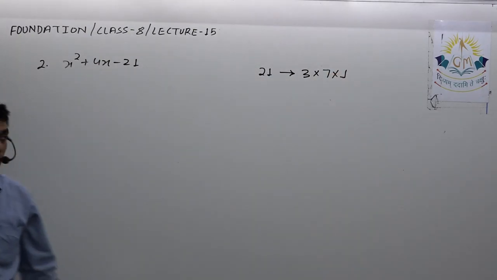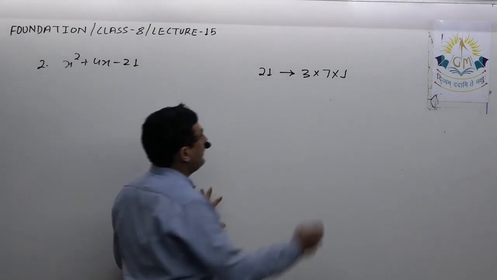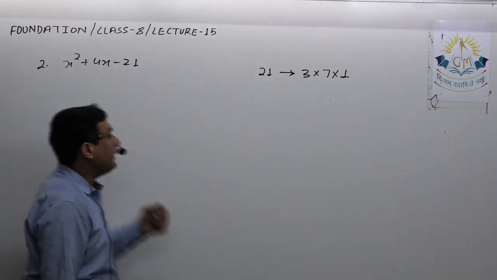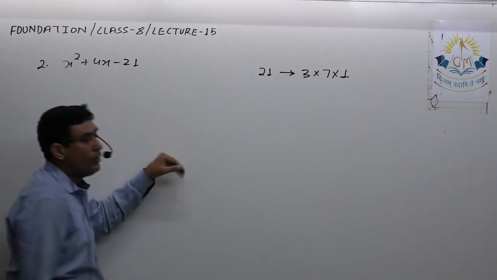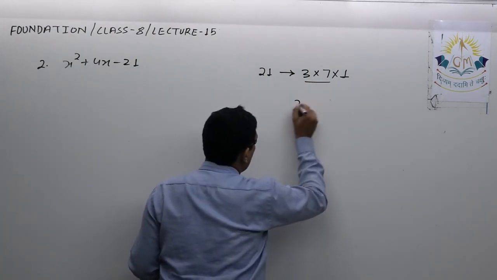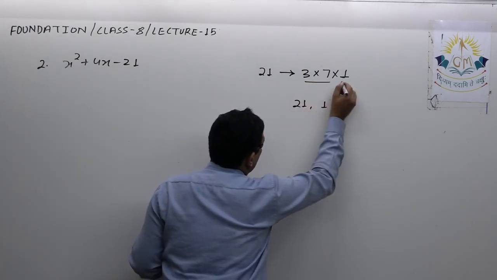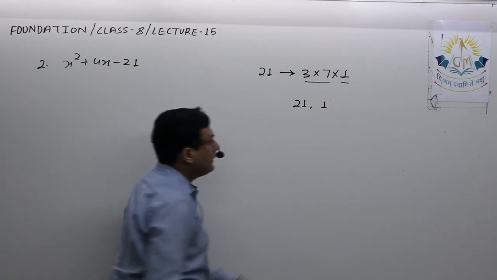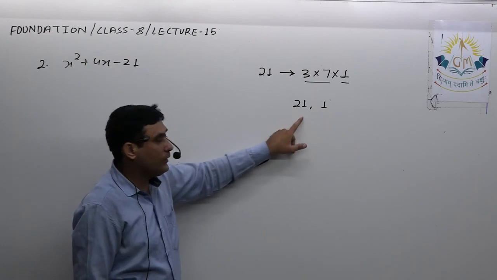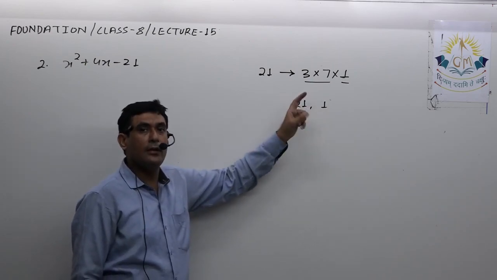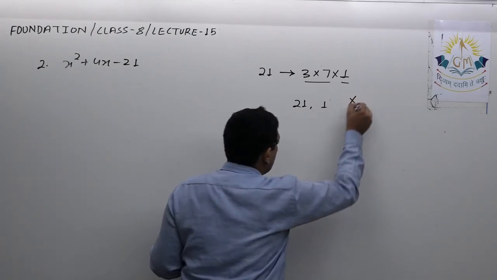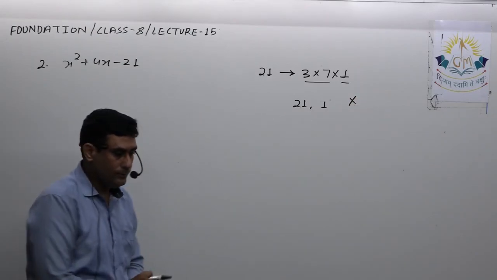Now you have to find two groups among these so that you can get the sum as 4 or the difference as 4. If I take 21 in the first group and 1 in the second group, neither their sum nor their difference is going to give me 4, because 21 plus 1 is 22, 21 minus 1 is 20. So this is the incorrect combination.